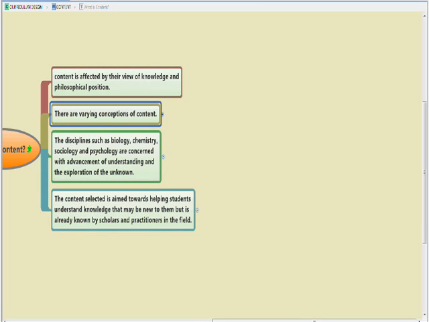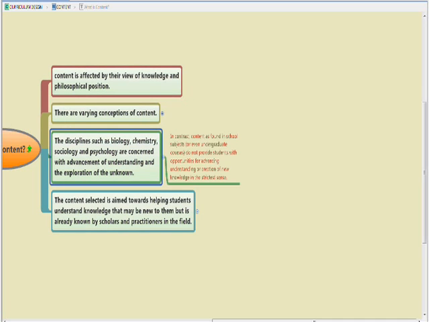Now, the disciplines such as biology, chemistry, sociology, psychology are concerned with advancement of understanding and exploring the unknown. So, the whole notion of content is preparing the students to handle and tackle uncertainty. So, this is very important.